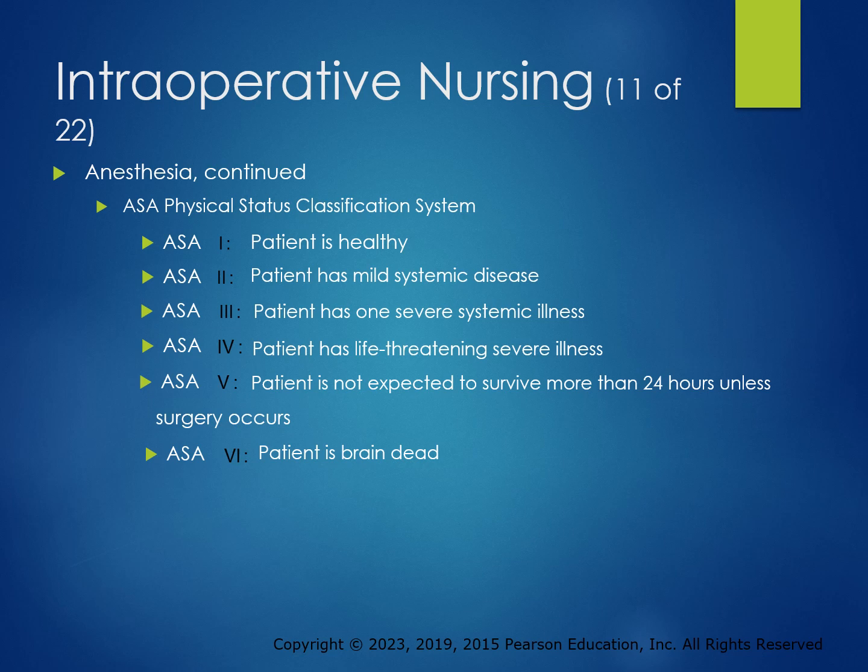And it goes 1 through 6. Number 1, the patient is healthy, free of health conditions or systemic disease. Number 2, the patient demonstrates mild systemic disease, obesity, uncomplicated diabetes, and so forth. Number 6, the patient is brain dead but may be an organ donor.